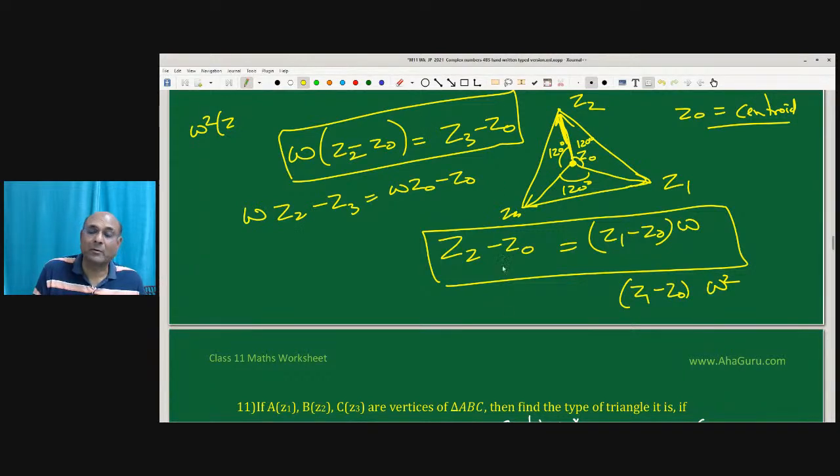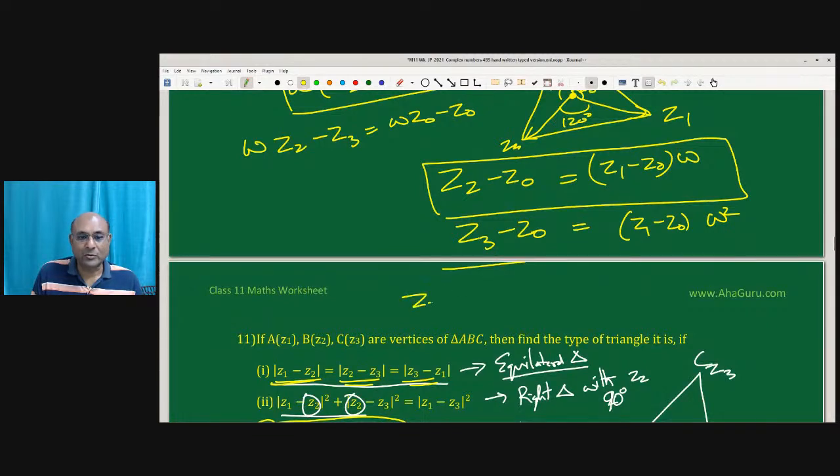Take this and multiply by omega two times, and it is Z3 minus Z0. If I now add these two up, I get Z2 plus Z3. Or better, multiply this by omega and add. So I'll get Z3 plus omega Z2 plus omega Z3 minus Z0 into 1 plus omega, and this becomes 1.